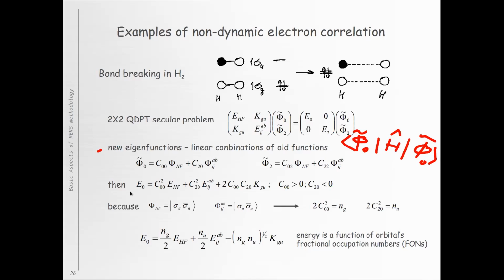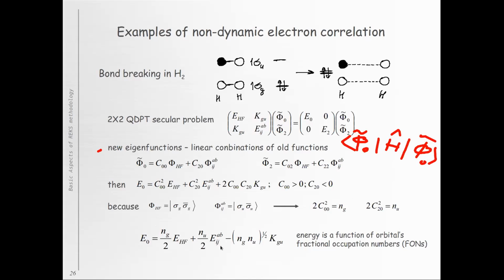Or in other words, the energy of the ground state, the lowest state, which corresponds to this wave function, will be given by this expression, where I have a weighted sum of the energies of two configurations, with the sigma g orbital doubly occupied and with the sigma u orbital doubly occupied. In front of them, I will have halves of the occupation numbers of the respective orbitals, these fractional occupation numbers.